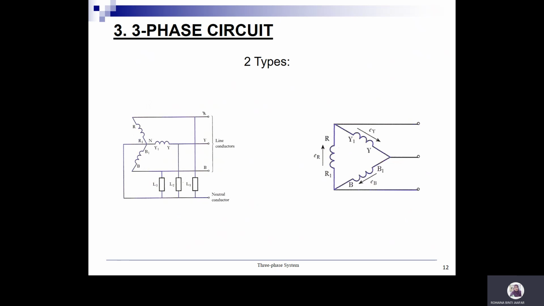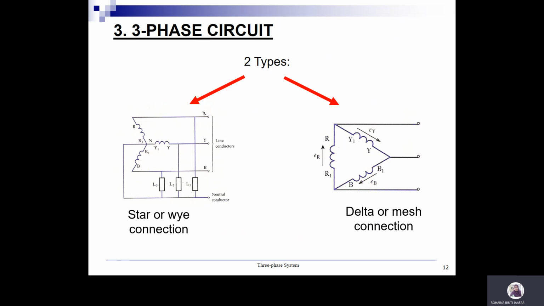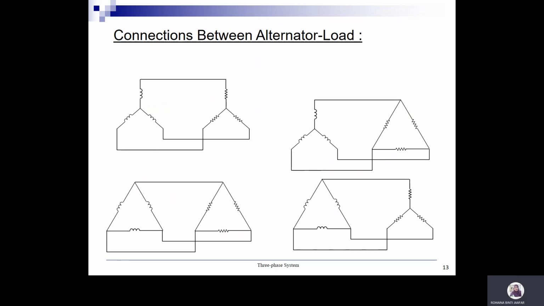Okay, so for three-phase circuits, there are two types. You have star or Y connection, which we normally call star connection, and then delta or mesh connection. This is the diagram for star and delta connection, showing the connection between alternator and load.